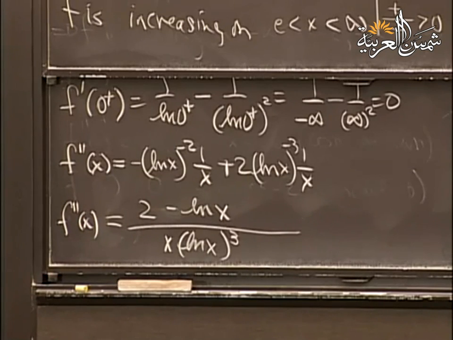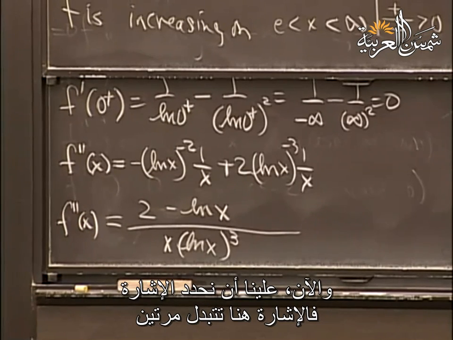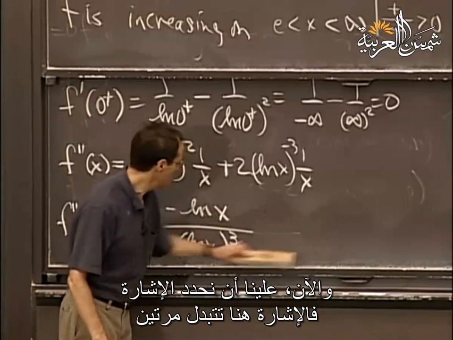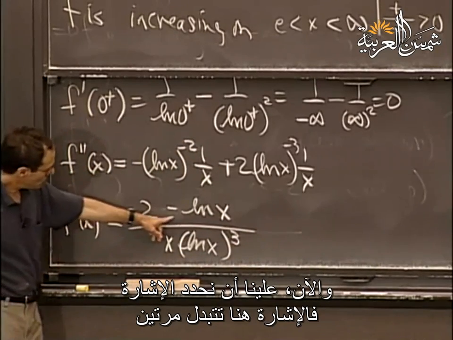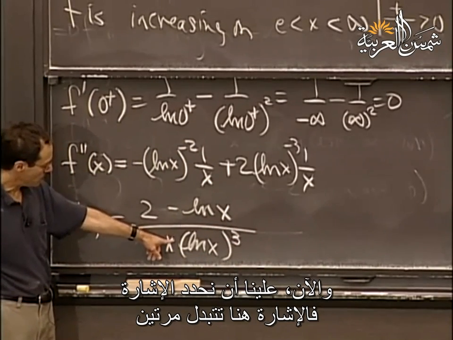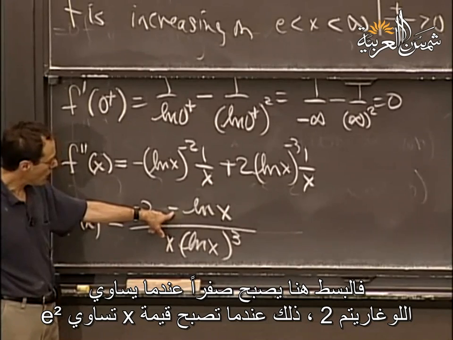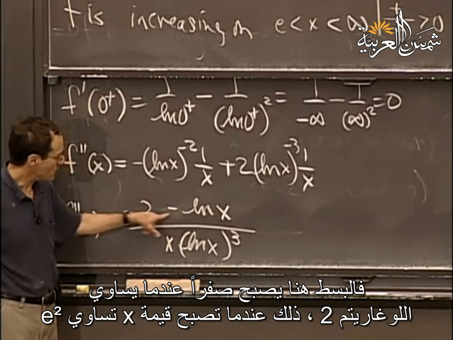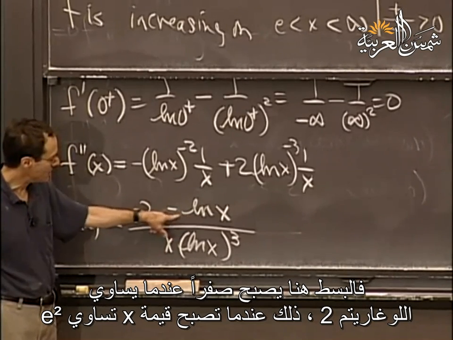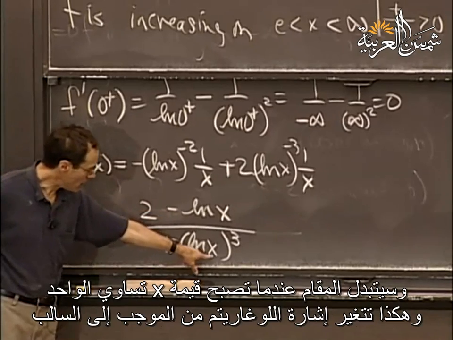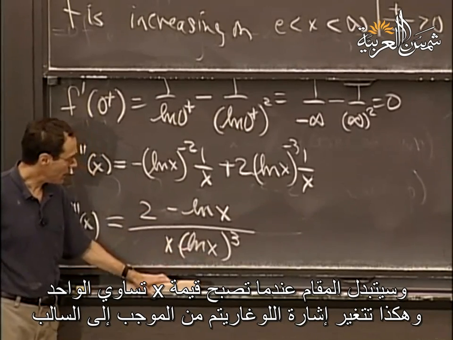Okay? So I've now rewritten the formula for the second derivative as a ratio. Now, to decide the sign, you see there are two places where the sign flips. The numerator crosses when the logarithm is 2, that's going to be when x is e squared. And the denominator flips when x is equal to 1.